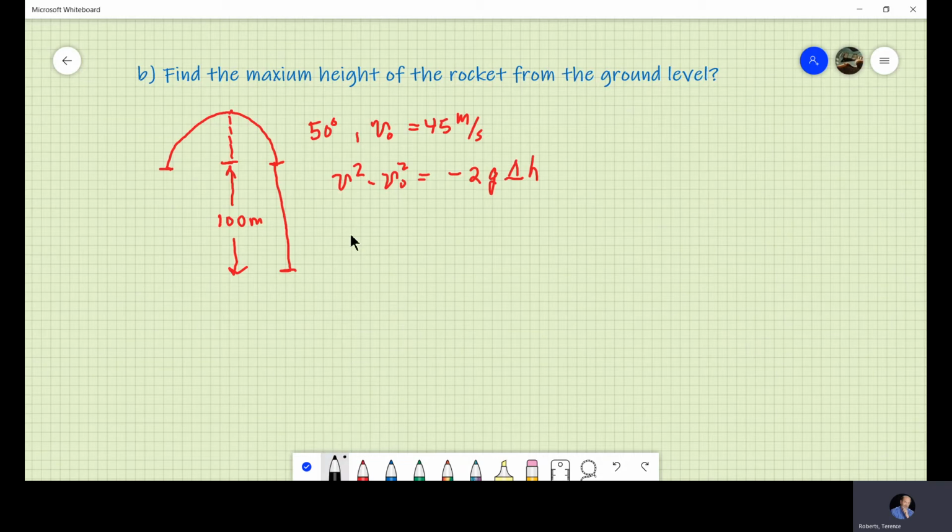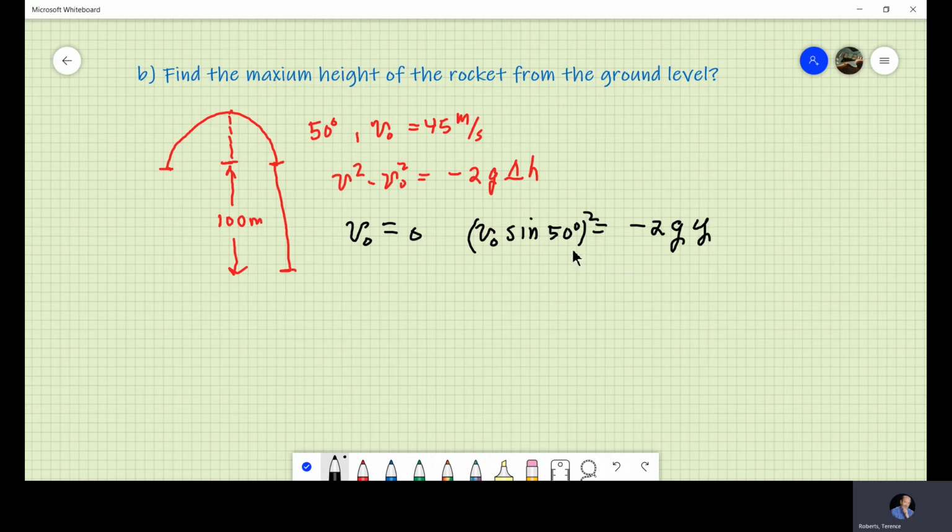And we're going to say that v final is going to be equal to 0. So we have to set this equation up right here. If the final velocity is 0, then v naught sine 50 degrees, squared, is going to be equal to minus 2 times g times this y.